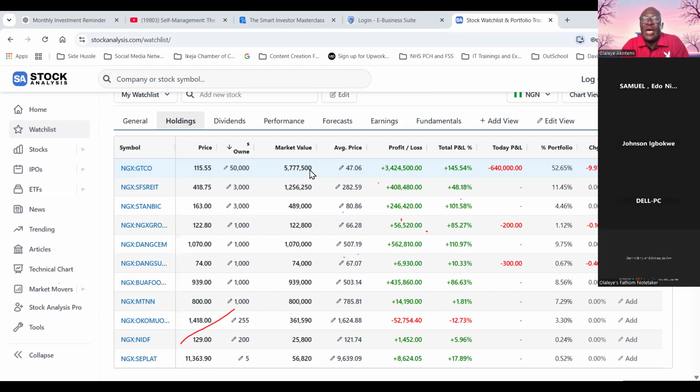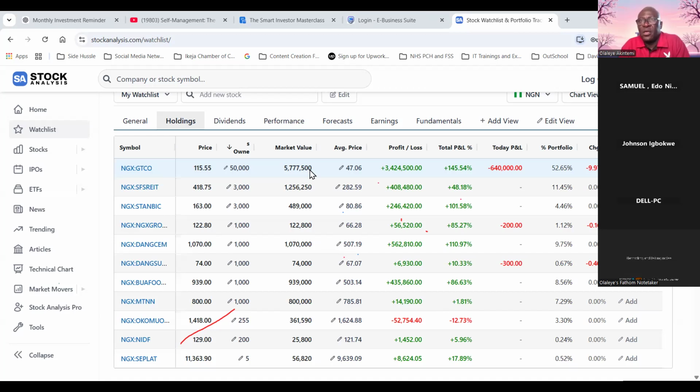Okay, let's say, for example, you buy some shares, like Gitco, and every year they keep paying me dividend. Within about 3 or 4 years, I would have collected back all the money I used to buy Gitco.